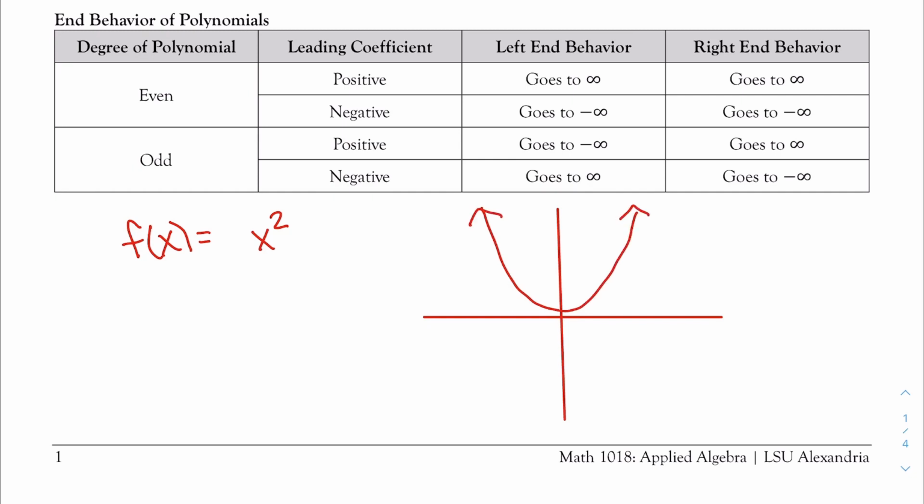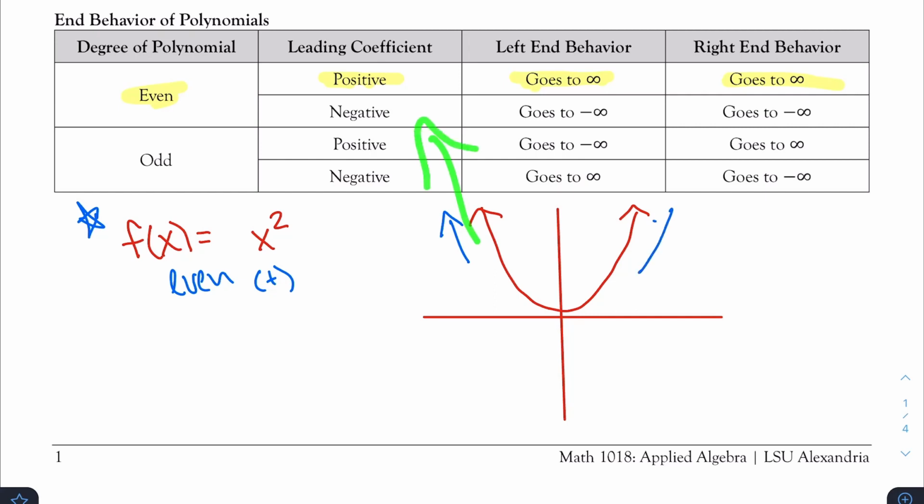So looking at this function x squared, this is an even function, or even degree, sorry, an even polynomial, and the leading coefficient is positive. So based off this table, if I have an even polynomial, and the leading coefficient is positive, on the left, I should be going up towards infinity, and on the right, I should be going up towards infinity. And that's exactly what's happening. If I look on the left, I'm going up towards infinity. On the right, I'm also going up towards infinity.